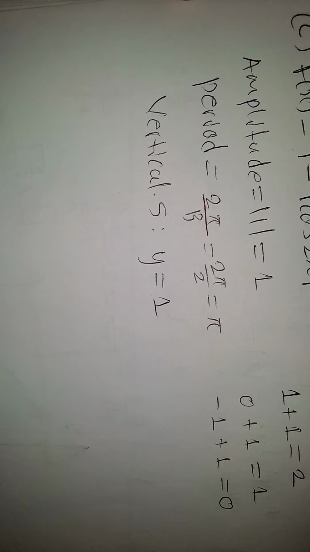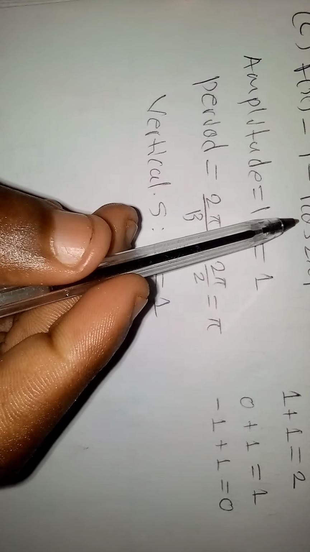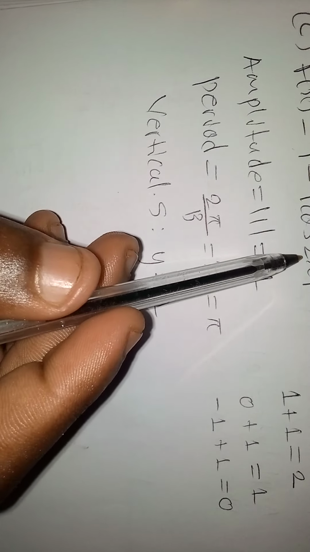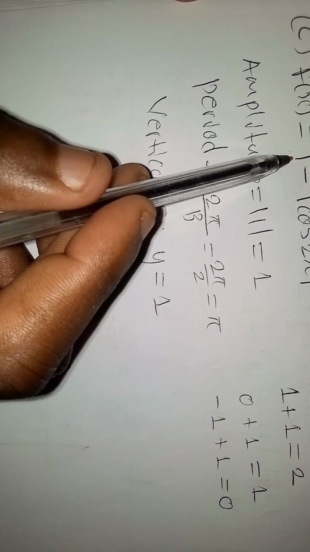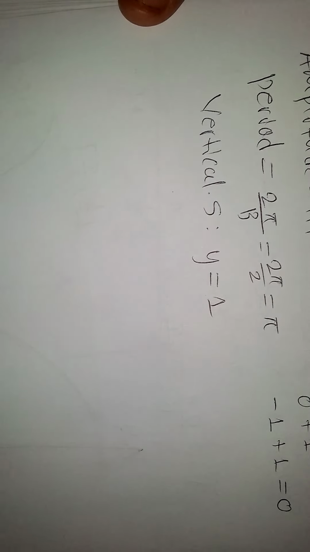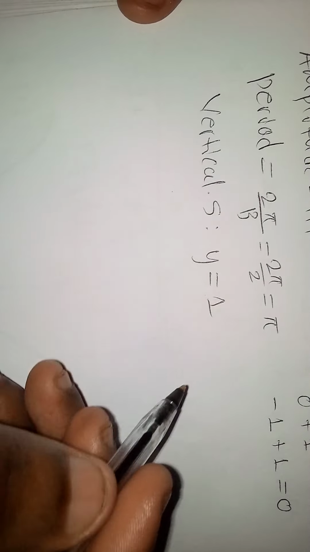Then sketching this function, because of the modulus here, we cannot get a value which will be bigger than 1. So the sketch of this function is on an interval 0 to pi, because there is no phase shift.